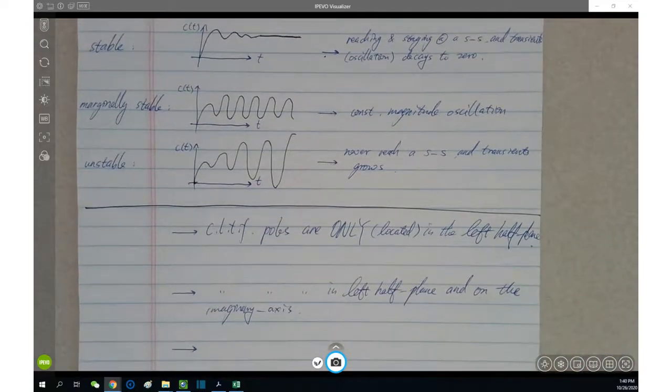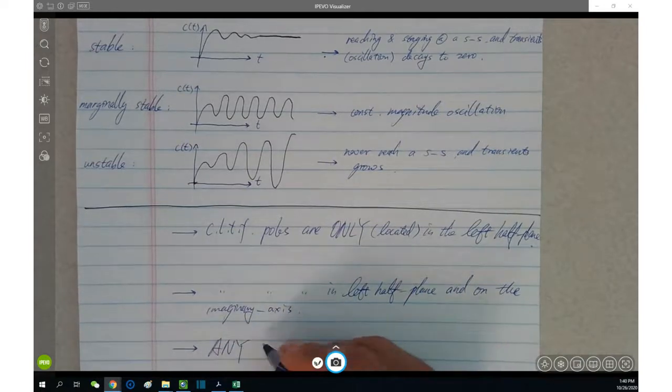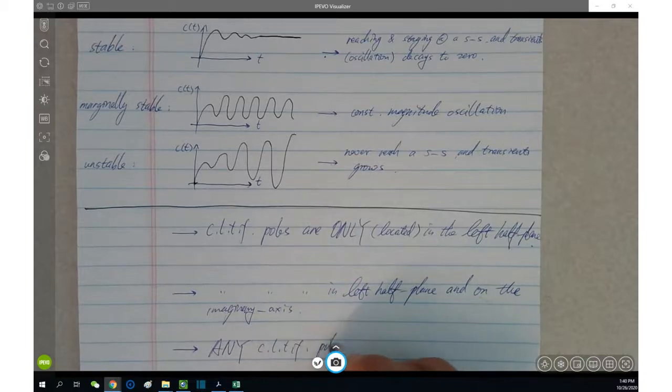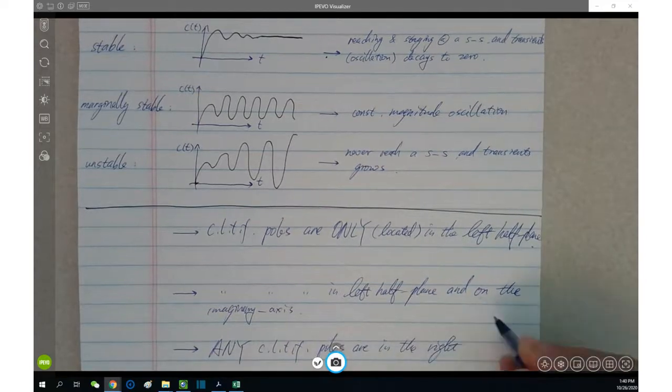Unstable means what? Unstable means any closed loop transfer function poles are in the right half plane.